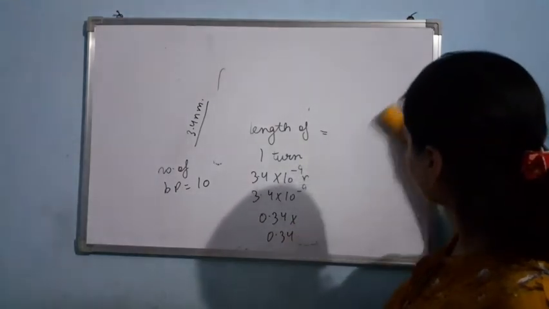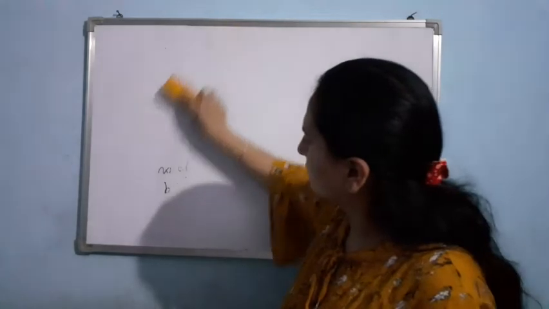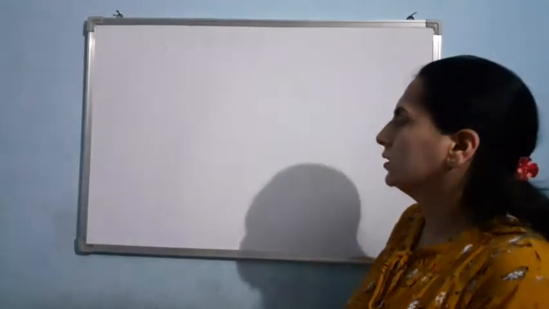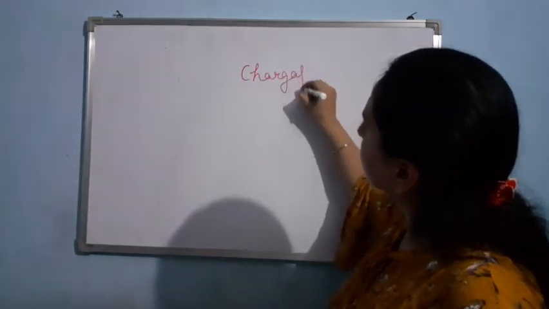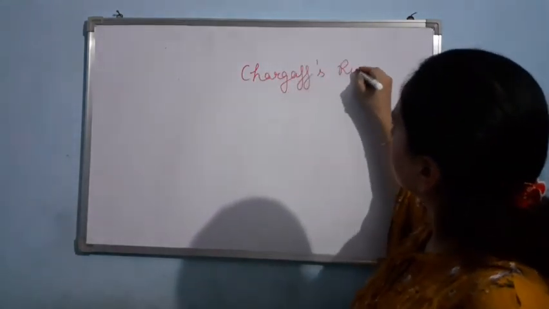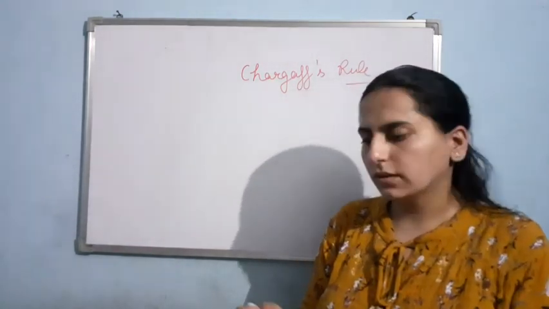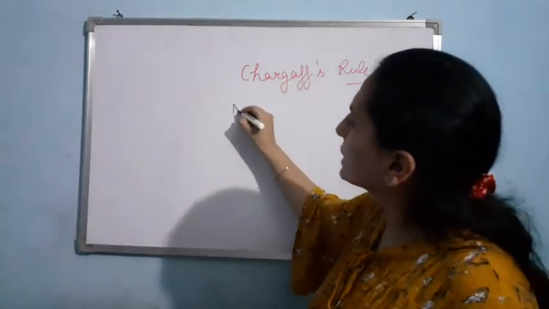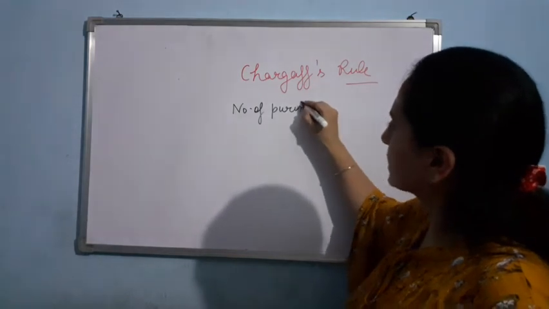Now let us talk about Chargaff's rule, what he said. Basically, this rule states that in a DNA molecule, the number of purines is equal to the number of pyrimidines.